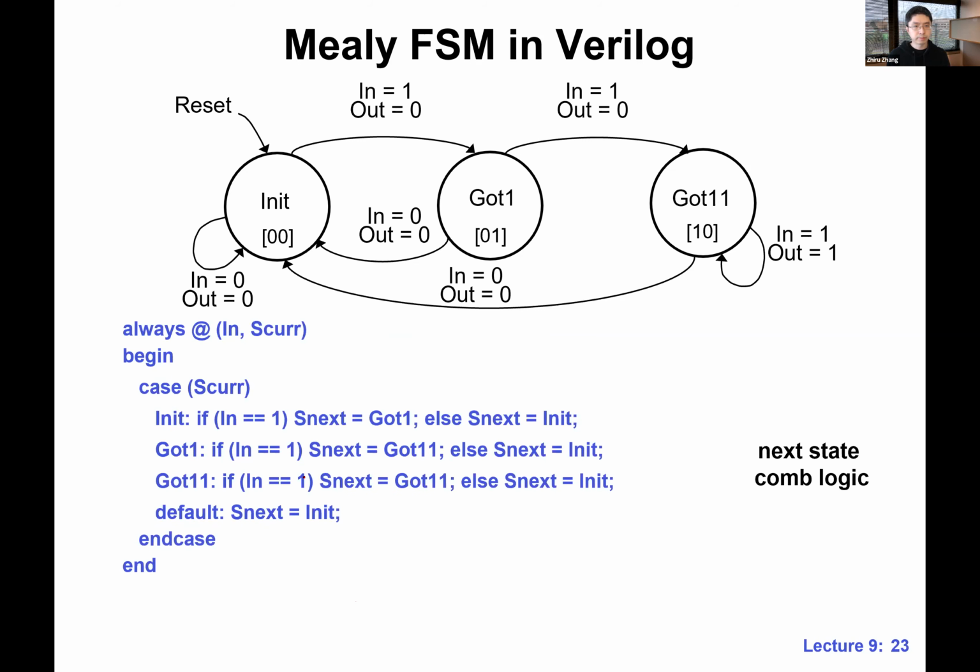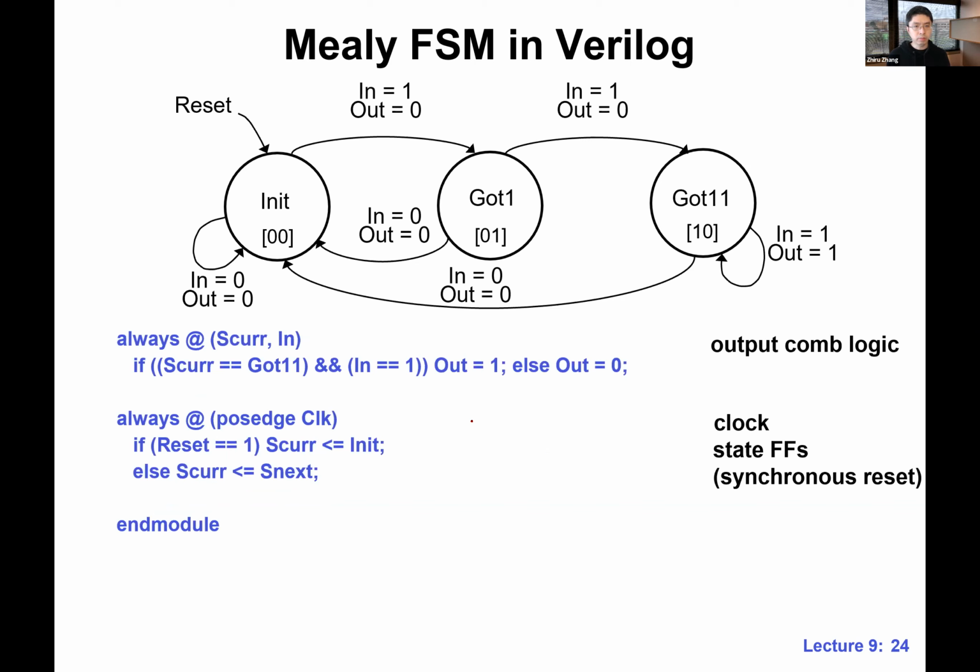And this is the combinational logic block for updating the next state. This is very similar to the Moore machine. We look at the current state, and then we look at the input. We can do if then else under each case, for each state. With Verilog, you guys can also do a nested if then else. You can actually write a begin end to do arbitrary level nesting.